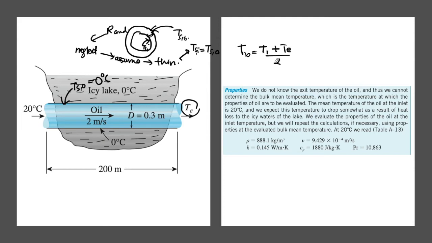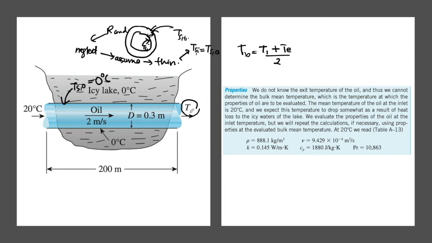So now the TB that this question assumes is equal to 20 degrees Celsius. As we can see here, Ti plus T exit. Why do I have to assume 20 degrees Celsius?